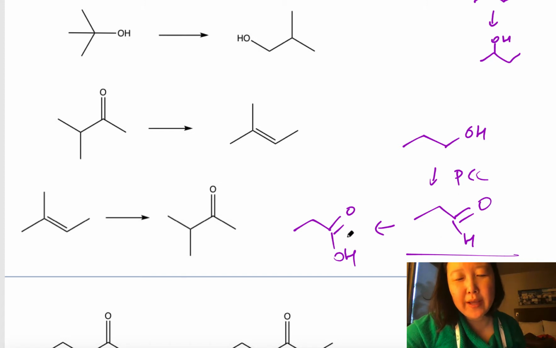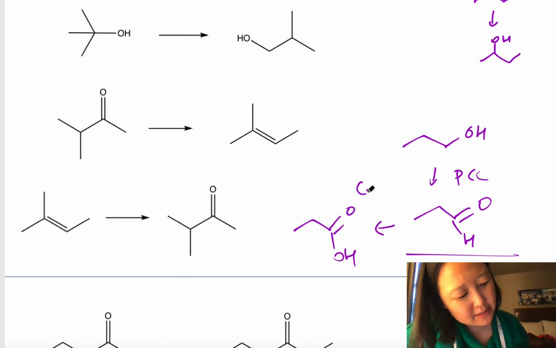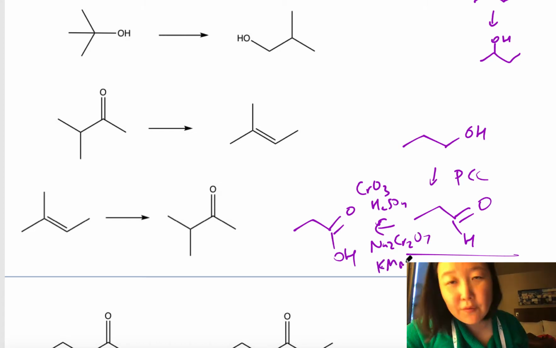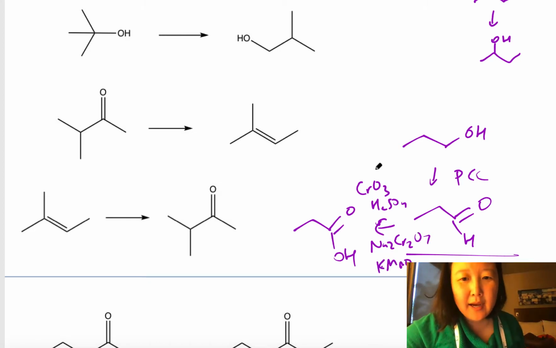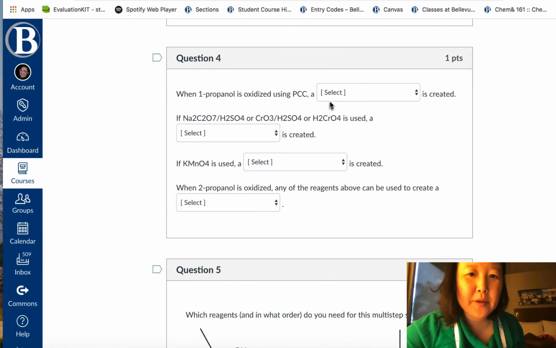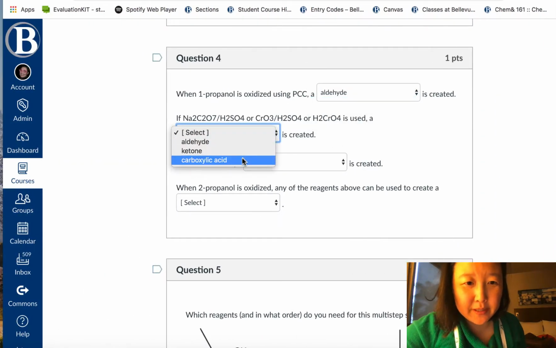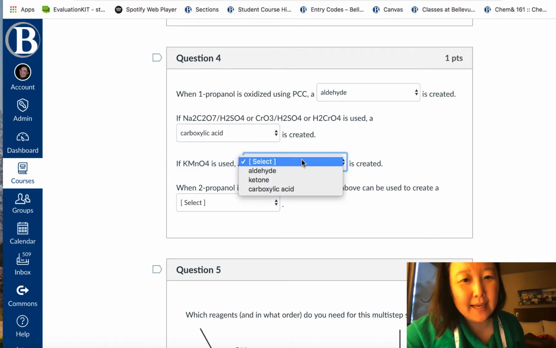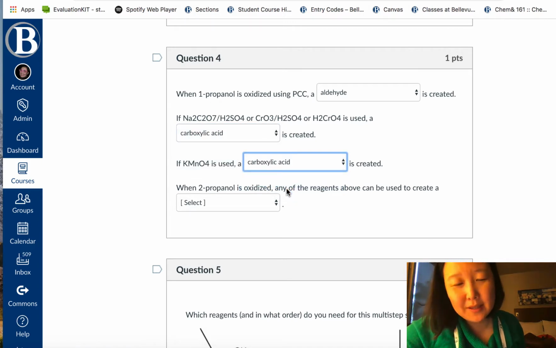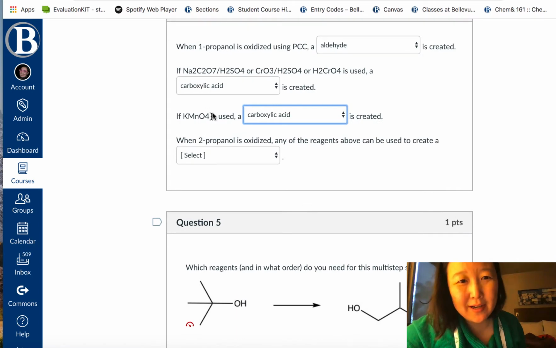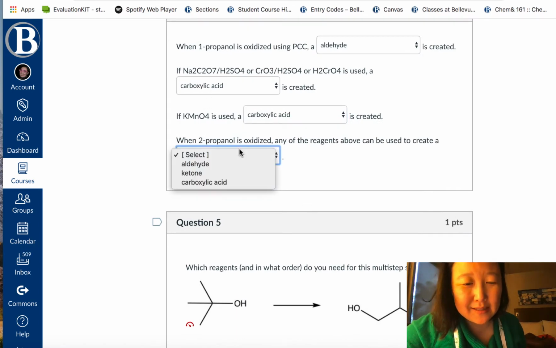If I want to go all the way, I've got to use something like Jones reagent, which is chromium trioxide, H2SO4, or sodium dichromate, or some of those other reagents. Any one of those options is fine for that. So I'll make an aldehyde with PCC, but with any other option, I'd make a carboxylic acid, since those are also strong oxidizers. You could see with all these oxygens, a very strong oxidizer.